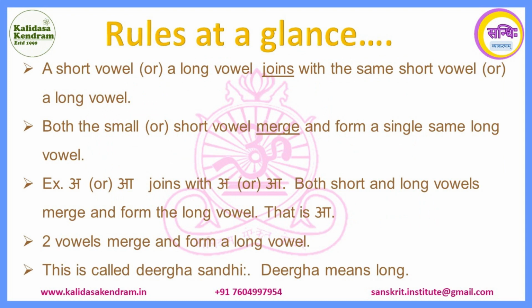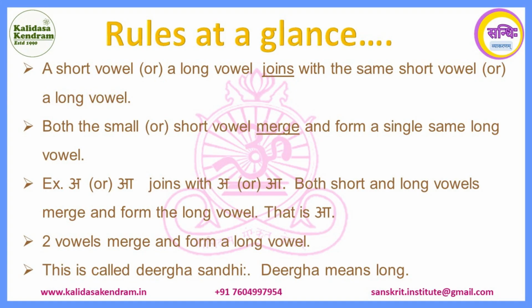Rules at a glance. A short vowel or a long vowel joins with the same short vowel or a long vowel. Both the short vowels merge and form a single same long vowel. Example, a or ā joins with a or ā.